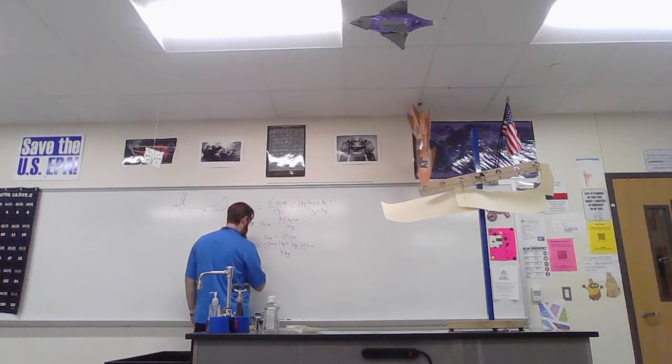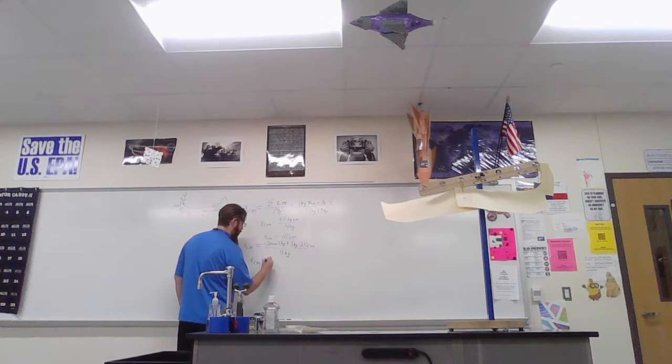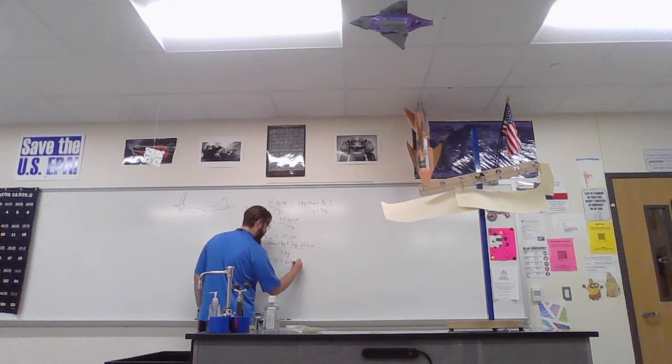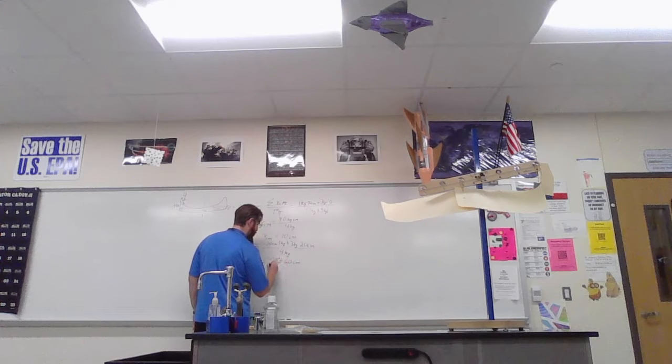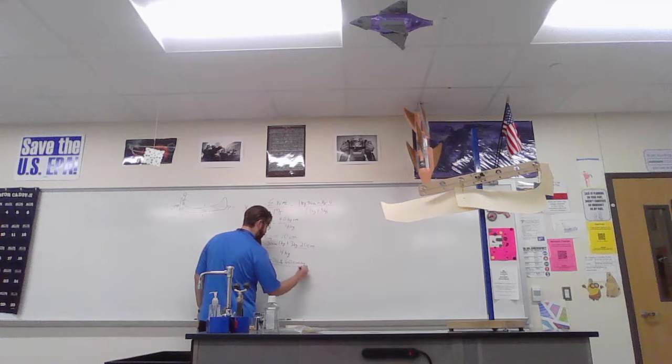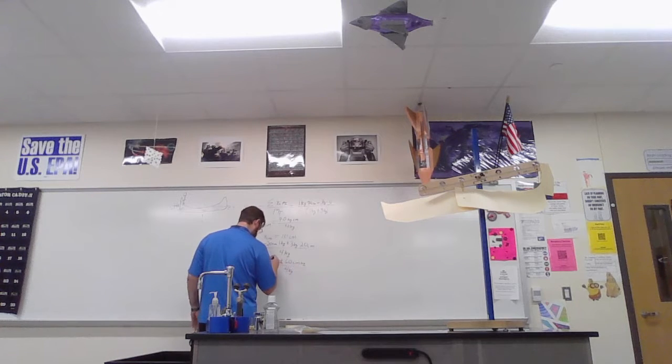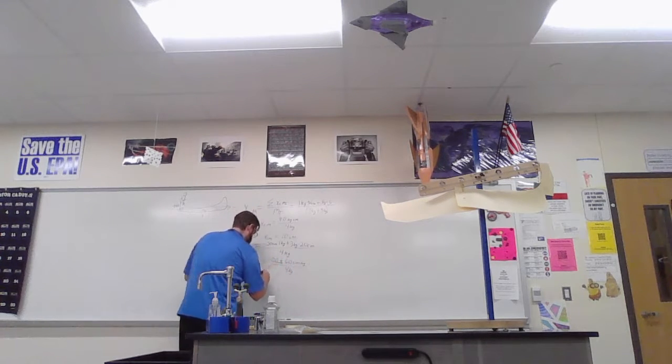So we end up with saying XCM is negative 20 plus 3 times 20 is 60 centimeters times kilograms, over 4 kilograms. So negative 20 plus 60 would be 40.